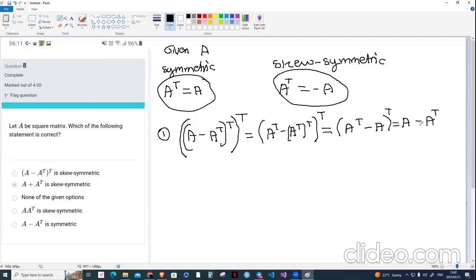And is this skew symmetric? Well, it is skew symmetric.